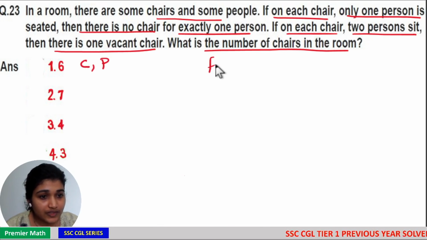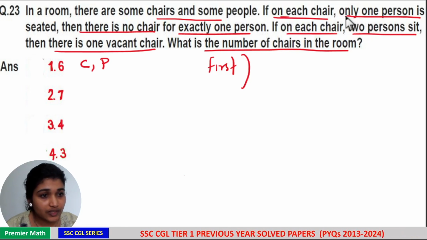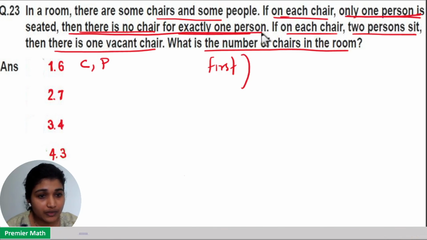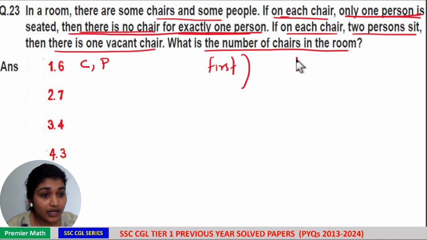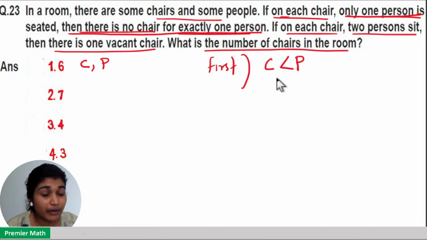Now, in the first condition, it says that if on each chair only one person is seated, then there is no chair for exactly one person. Consider some people are gathering in a hall and except one person, all other people are seated, which means total number of people is greater than total number of chairs by 1.